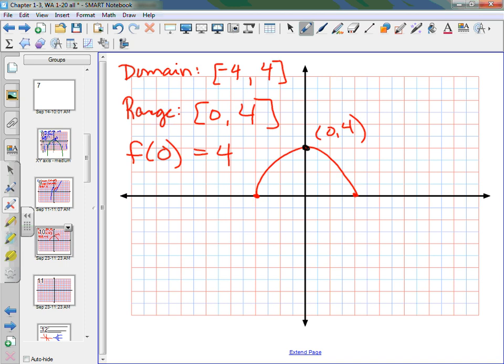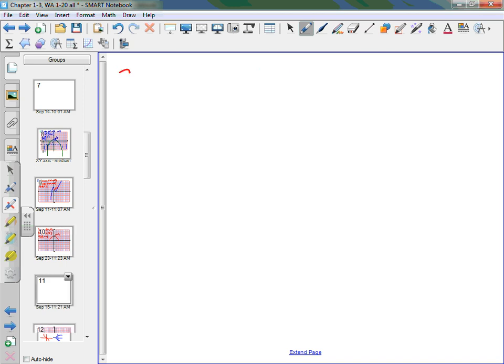For example, number 7. Number 7 is what? I can't hear you. Square root of x minus 1. Did you say negative root? Okay. All right. So now, what is my domain of this thing?